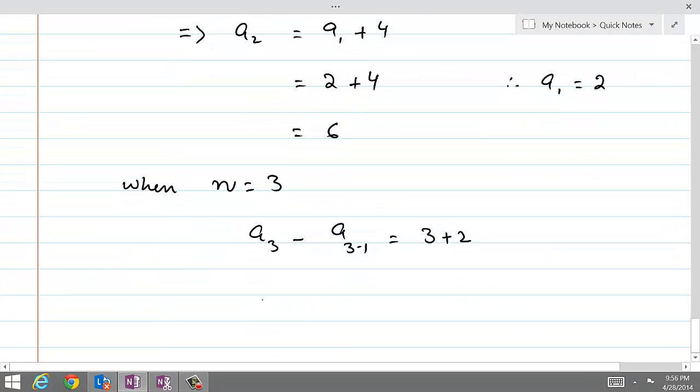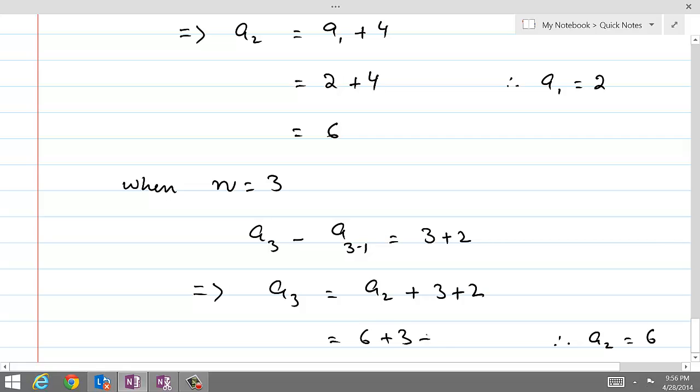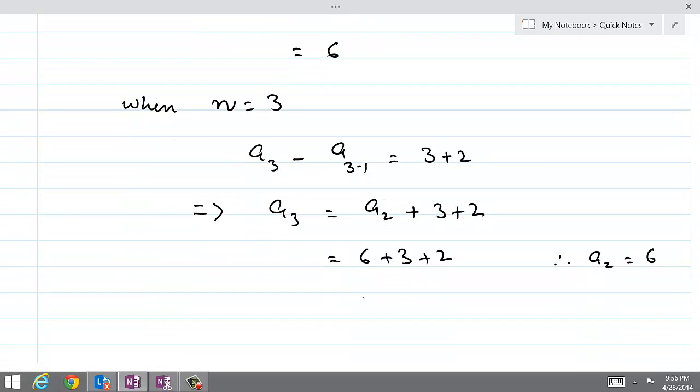And now we can move this a2 to the other side, and this will give us a3 equal to a2 plus 3 plus 2. And since the value of a2 is already calculated equal to 6, therefore this will be equal to 6 plus 3 plus 2, and the answer for a3 is equal to 11.